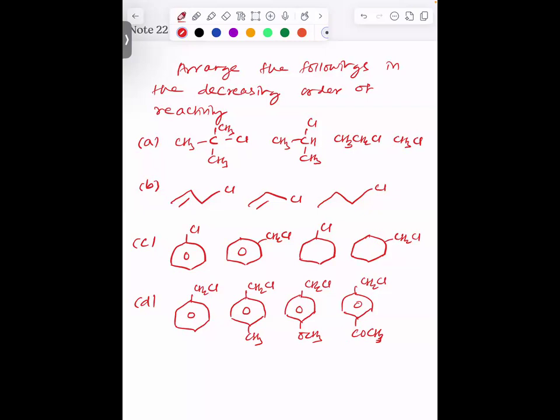I hope all of you are doing it. Now try to recall what is the order of reactivity of haloalkane and haloarene, and which is the reactive site in haloalkane and haloarene.